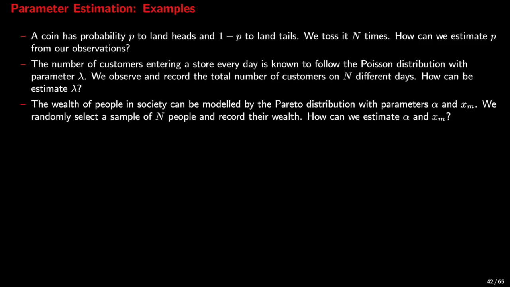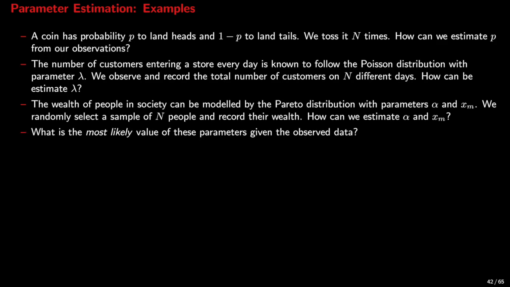The wealth of people in society can be modeled by the Pareto distribution with parameters alpha and x_m. We randomly select a sample of n people and record their wealth. How can we estimate alpha and x_m? We ask, what is the most likely value of these parameters given the observed data?